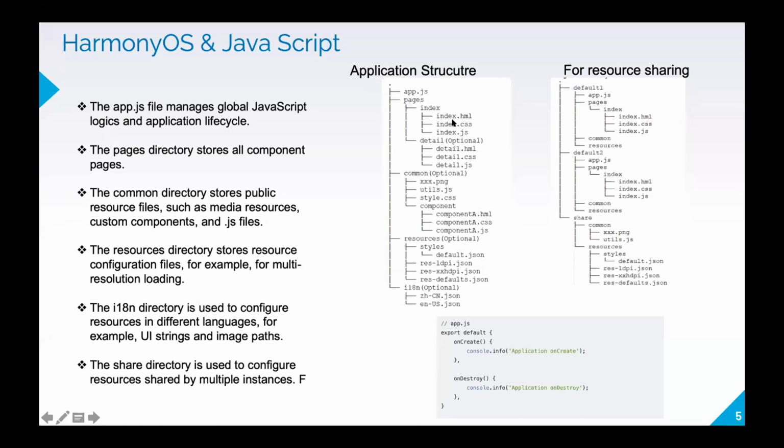Harmony OS supports development similar to web application development. In the web you have HTML, but in Harmony we call it HML, Harmony markup language, because developing an application is not the same as developing for the web.